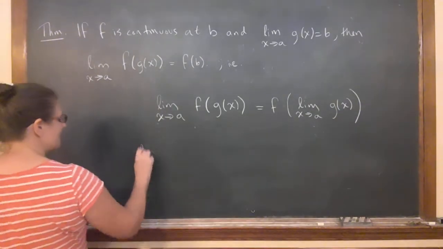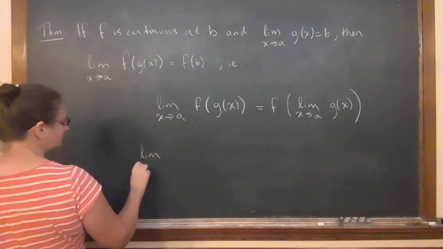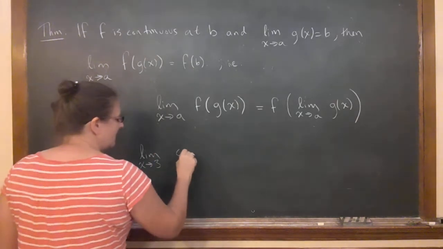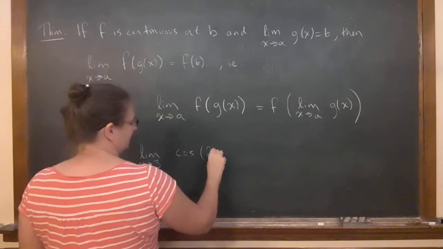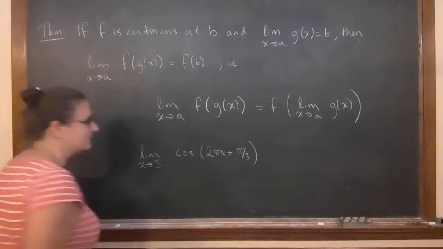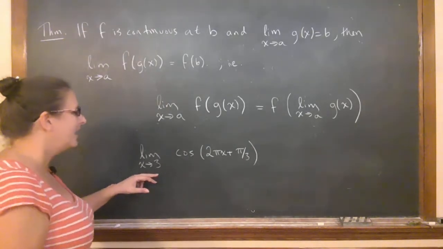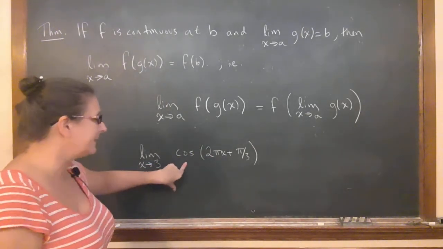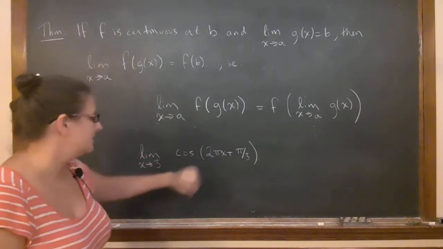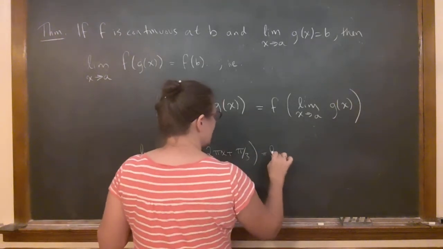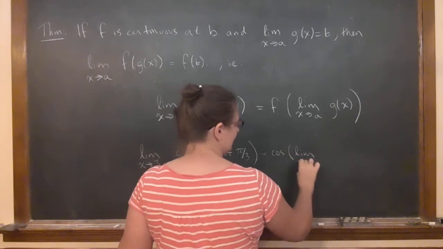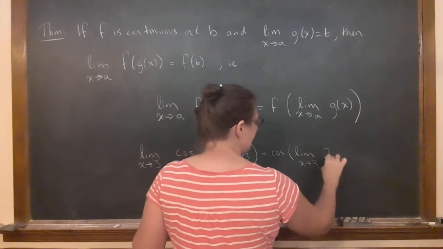So if I have the limit as x goes to 3 of cosine of 2 pi x plus pi over 3, whatever, I just made this up, but cosine, of course, is fine everywhere. So all I have to do is pull that guy in, and I end up with my direct substitution property, and I'll write this as a separate step.